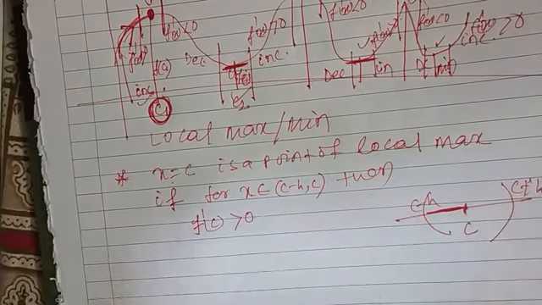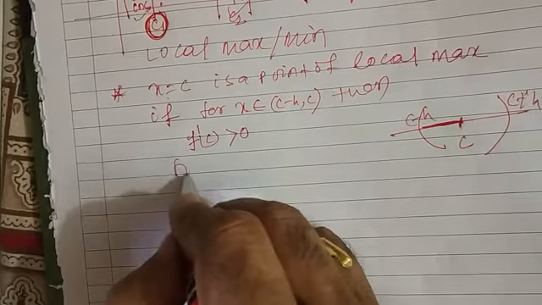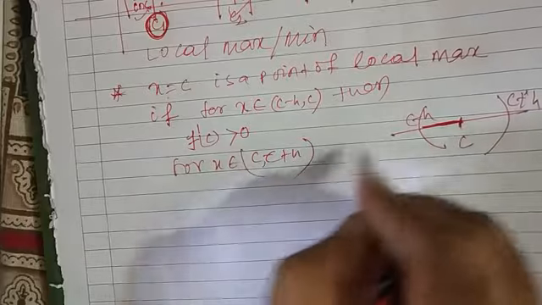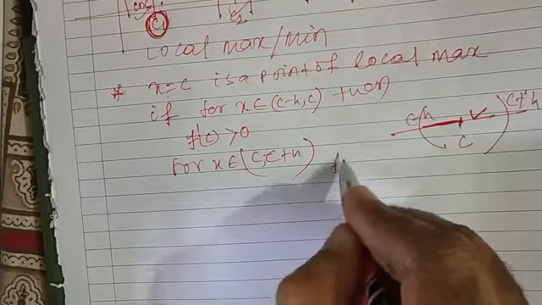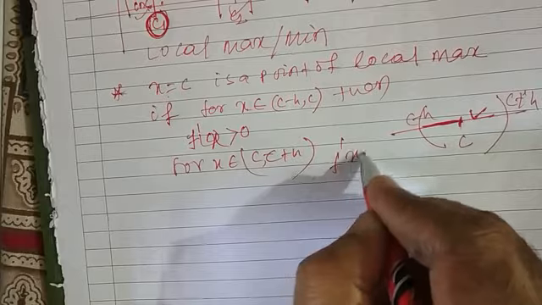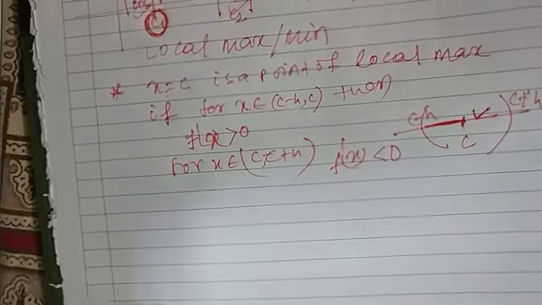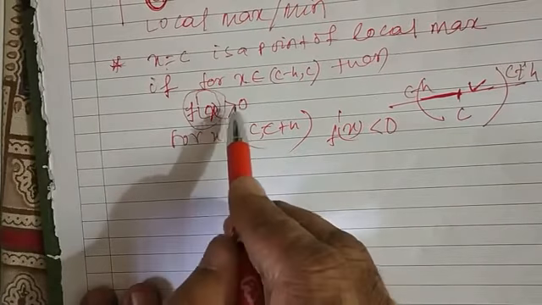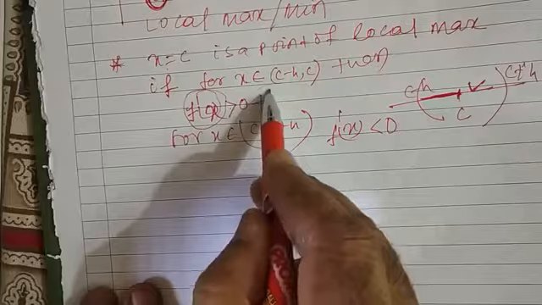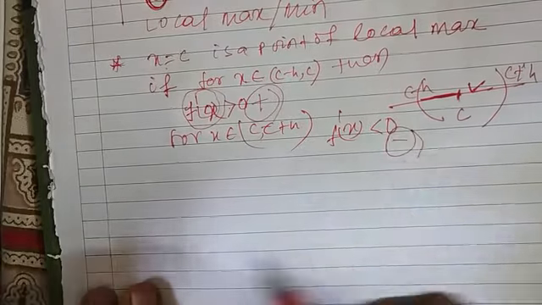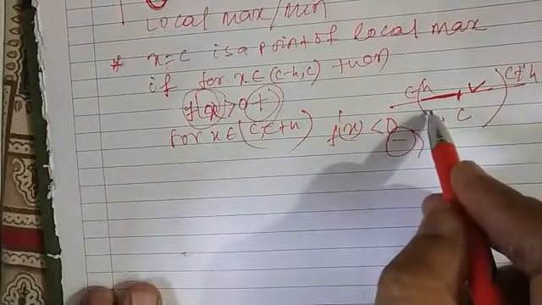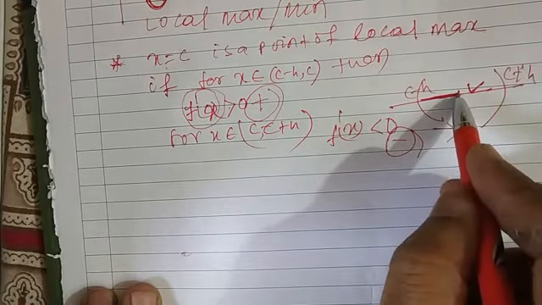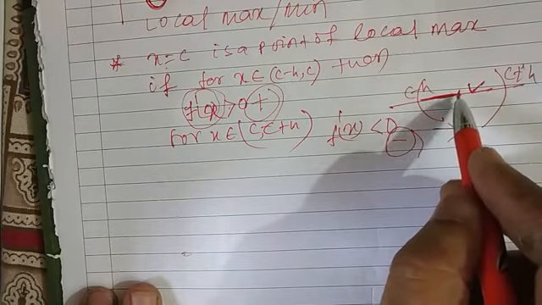Greater than 0. And for x belongs to C and C plus h, थोड़ा सा C से बड़ा, then f dash x क्या होगा? It is less than 0. Getting the idea? Means the first derivative will change its sign from plus to minus. Okay. As we go on increasing x through C, then x equal to C is a point of local what?